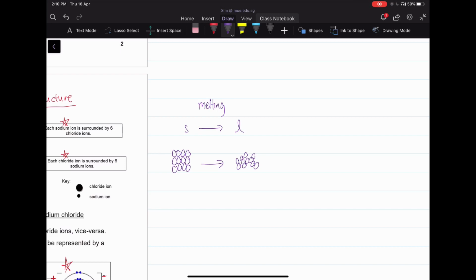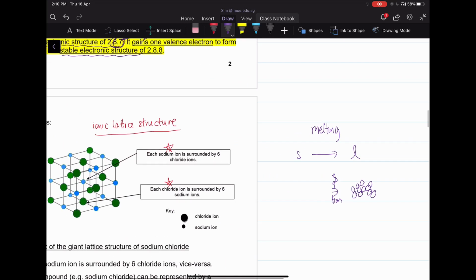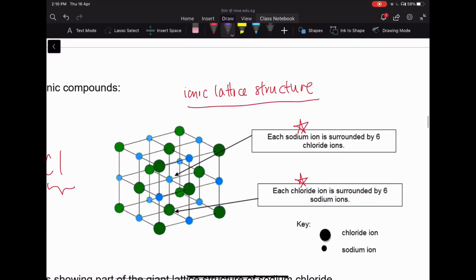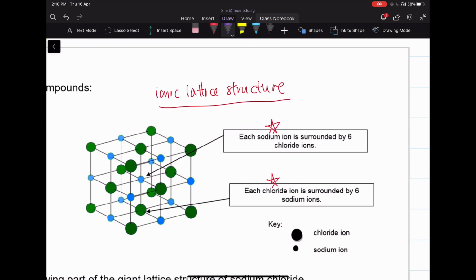In order for that to happen, you need to overcome forces of attraction. Which means that if you look at it from the perspective of an ionic compound, melting means that I need to overcome the forces of attraction, which means it's the ionic bond. If the entire structure is like that, it's going to be very, very hard to overcome all these electrostatic forces of attraction because it's very, very strong.